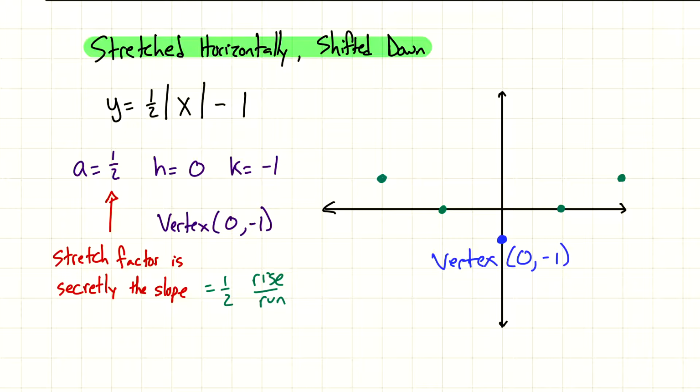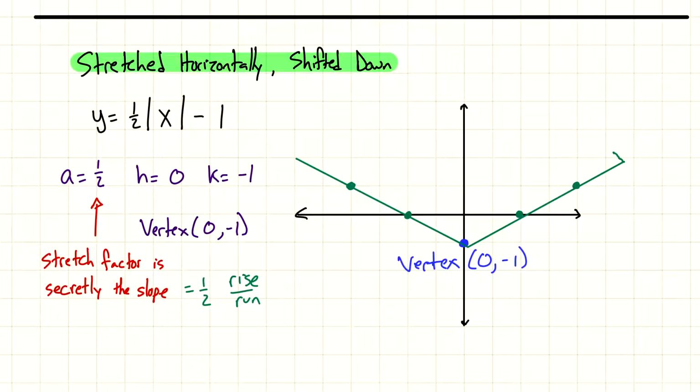When we actually sketch the graph, let's see if I can sketch this. Whoa, this is squiggly. All right, it looks a little bit messy and crooked, but it should look something like that.